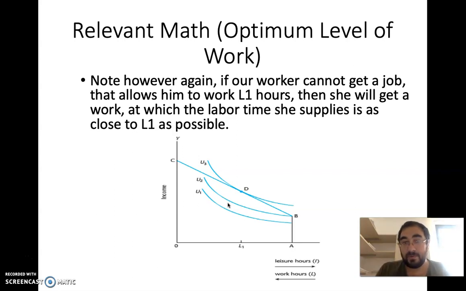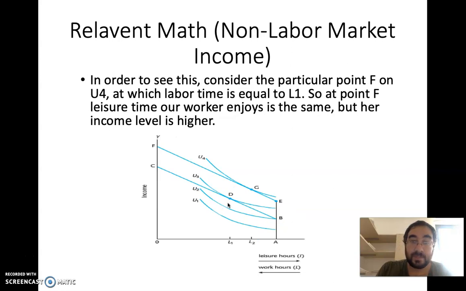If the utility curve is less steep, flatter than the budget line, then you will work more. If the budget line is more flat, then you will work less. So in this case, the indifference curve will be more steep. That means you will work less, basically. I hope this part is clear.